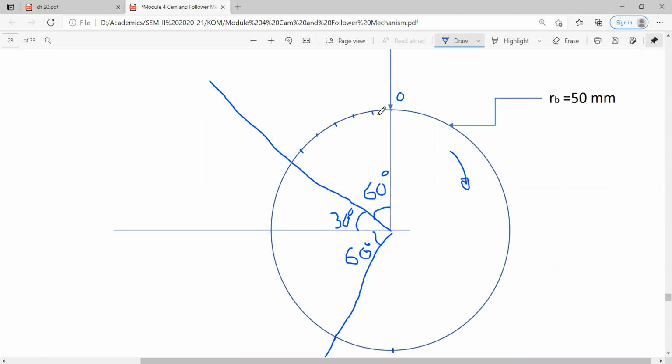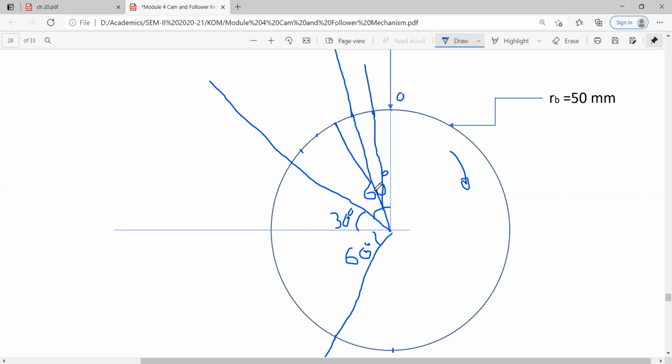So in case of a radial follower, what is done? This point is connected with the center directly. So here you can connect it like this. It is not coming as a straight line, but you can understand. You can take it out a little bit. Then this point is joined with the center and it is kept out like this in the radial direction.